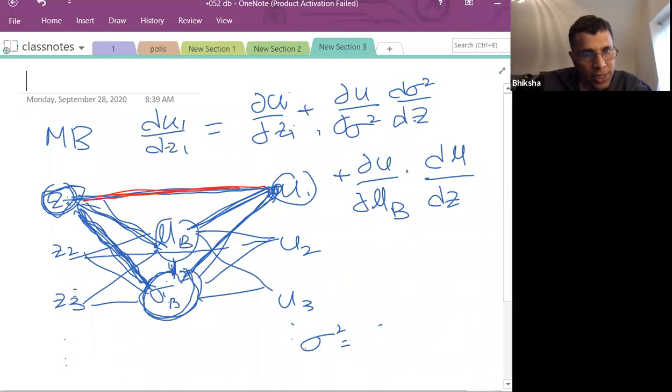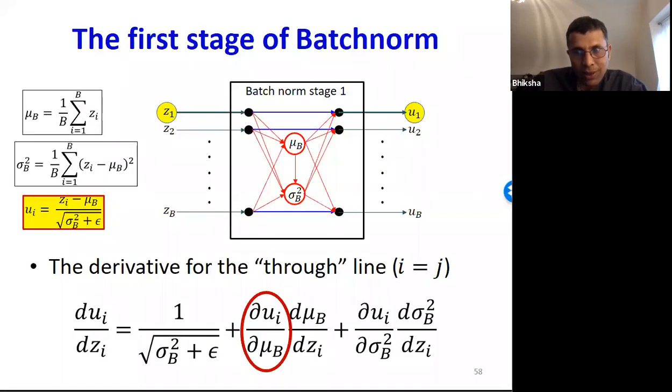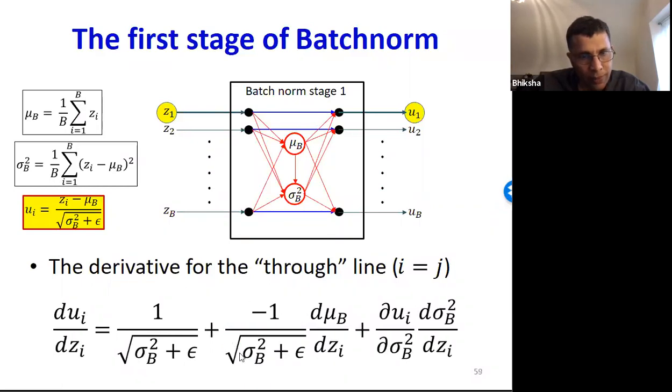The u depends on all the z's. There's no direct connection between the different u's. So this depends only on the z's. And the second term, of course, is a vector operation over the entire mini batch, as we just explained. So now going back to the partial of u with respect to mu, we just computed that term to be this one here, so I can plug it into the equation.